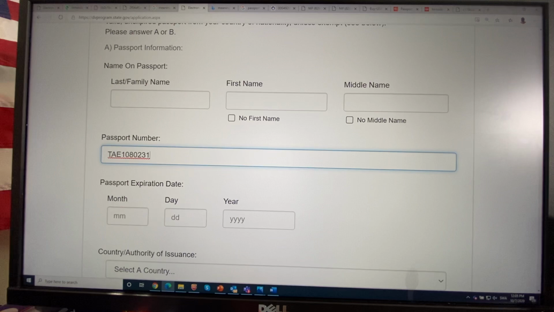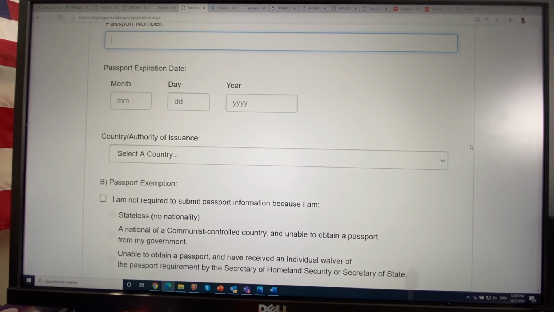A temporary passport will start with TP, and then a dash, then the number. So don't put the letters TP, because if you put those, that is not a correct passport number. Put only the number, whatever you have when you go to apply. Then the expiration date.